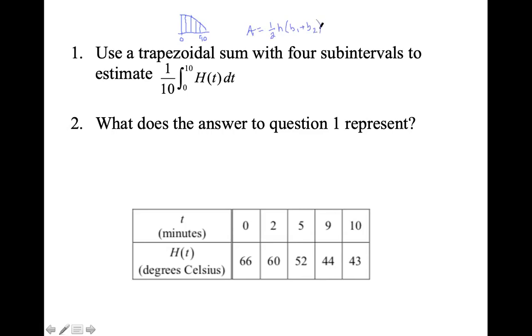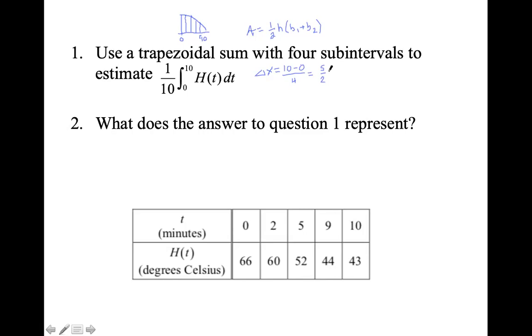My height in this case is that width of the rectangle, delta x, which is 10 minus 0 over 4 subintervals. So that's going to be 5/2.